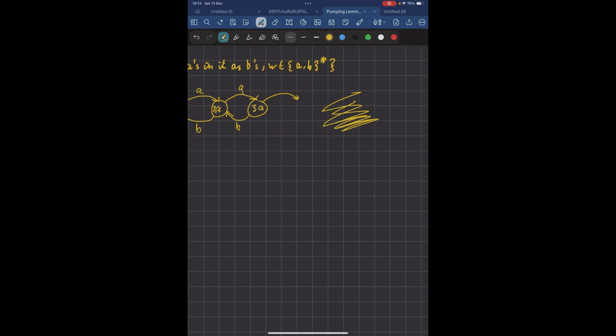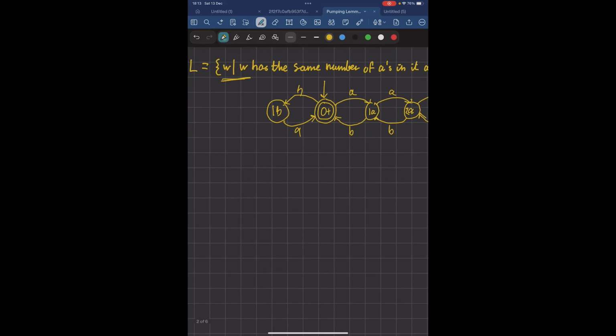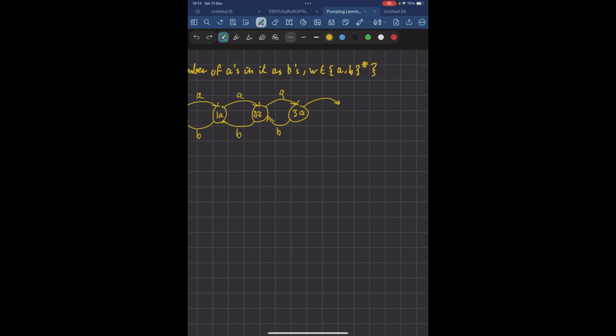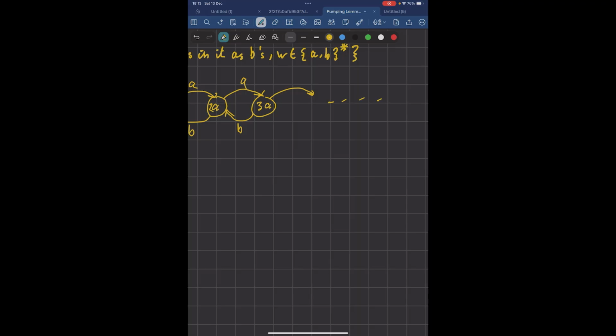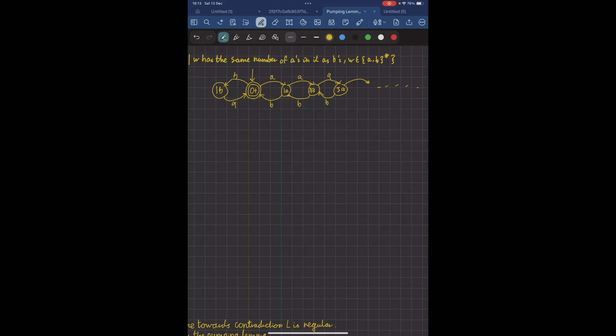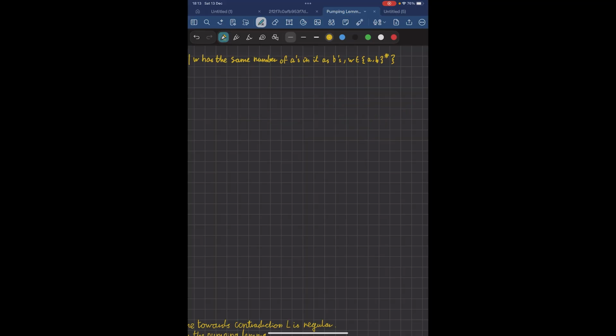And so because the length of a string in this language can be anything, the imbalance of A's and B's can also be anything. And so a DFA for this language would actually require an infinite amount of states, which isn't allowed for DFAs because DFAs can only have a finite amount of states, right? And so intuitively, we can sort of see that a DFA for this language can't exist. Therefore, it shouldn't be regular.